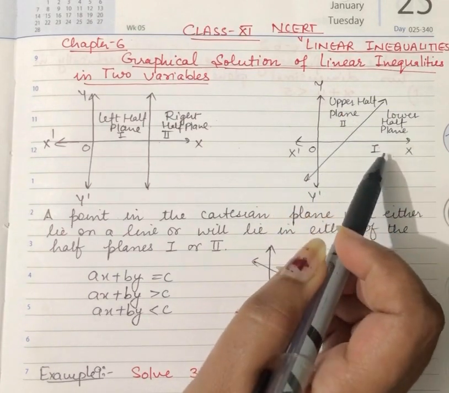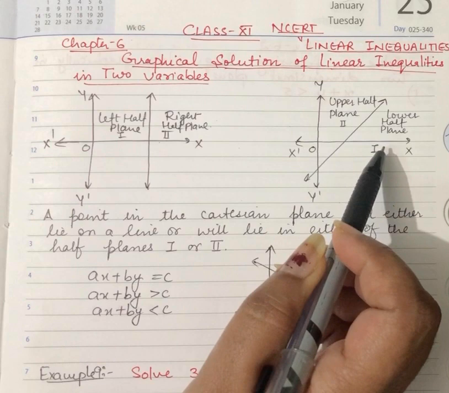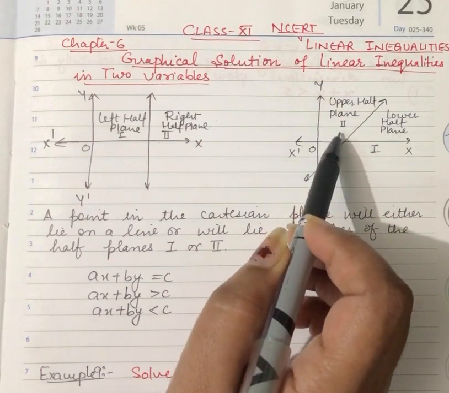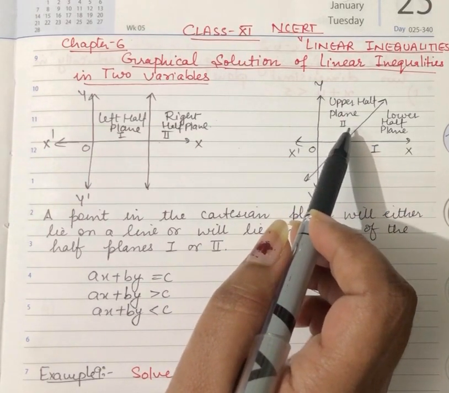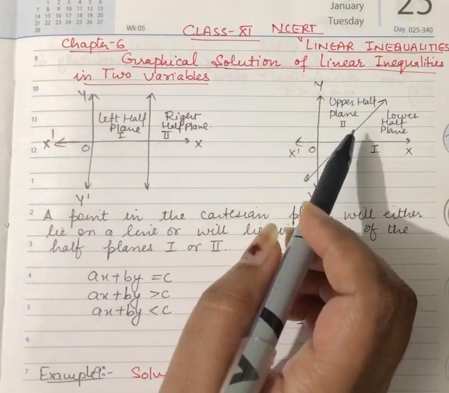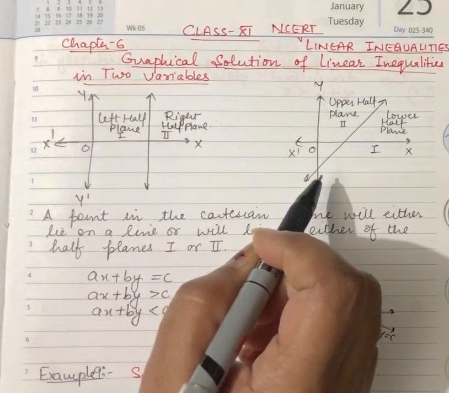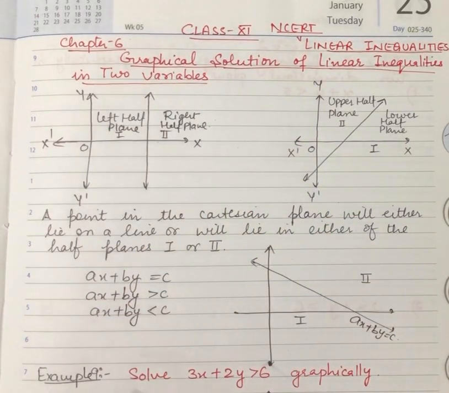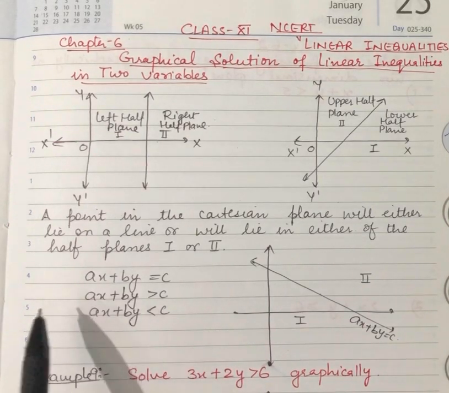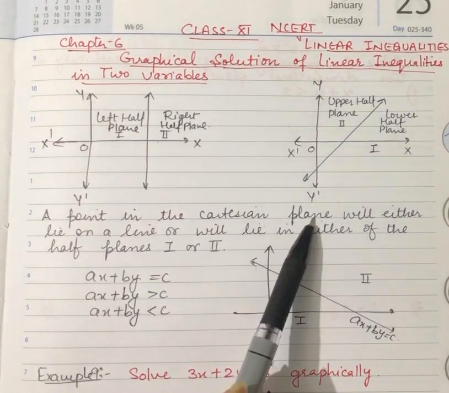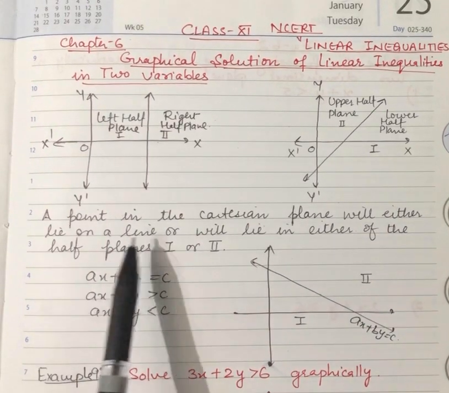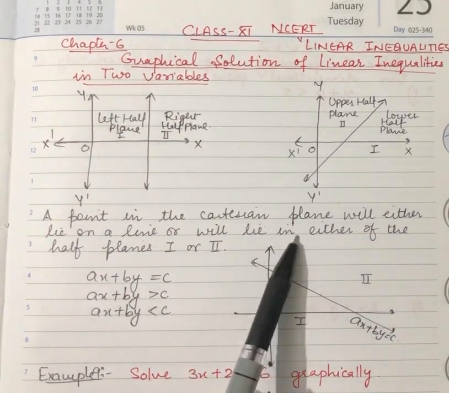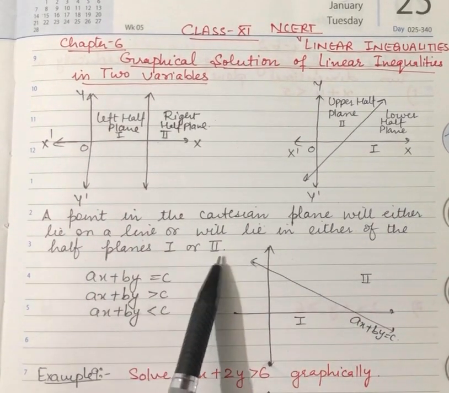First region, lower half plane, I have denoted it with first, and second is upper half plane. So in this topic we will use these conditions, and further we can see a point in the Cartesian plane will either lie on a line or will lie in either of the half planes, first or second.